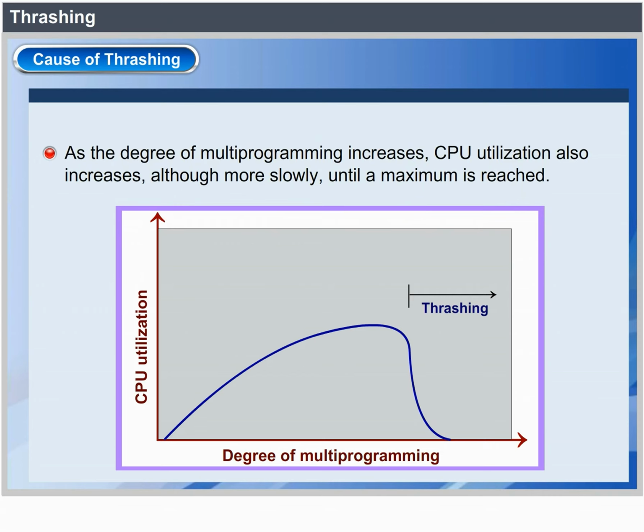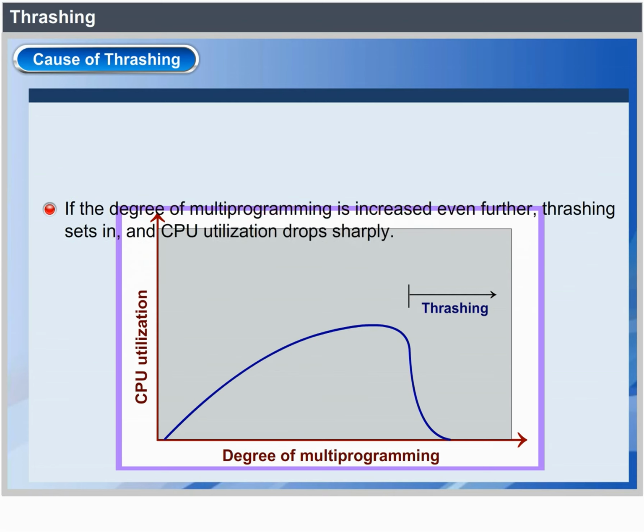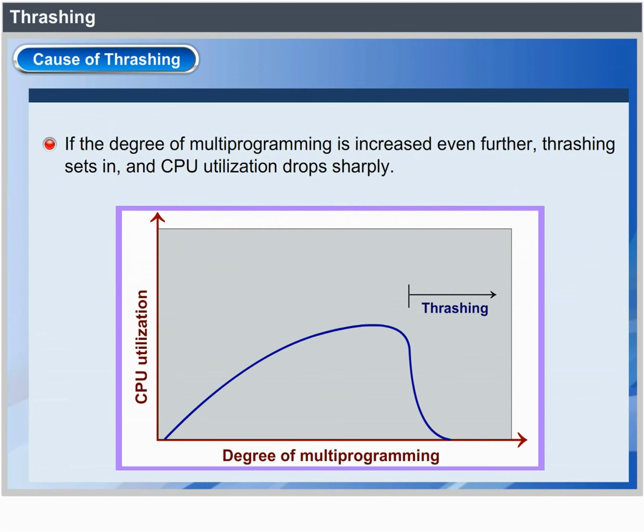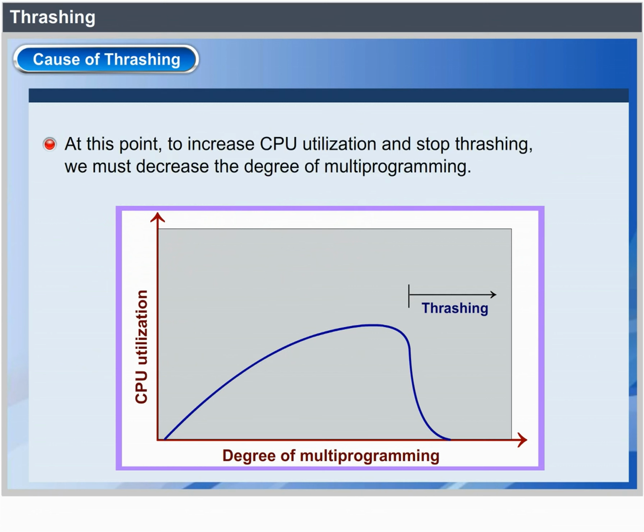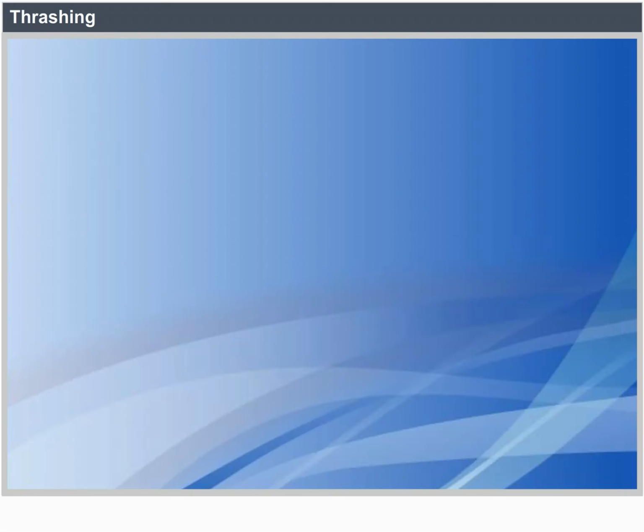If the degree of multiprogramming is increased even further, thrashing sets in and CPU utilization drops sharply. At this point, to increase CPU utilization and stop thrashing, we must decrease the degree of multiprogramming. We can limit the effects of thrashing by using a local replacement algorithm or priority replacement algorithm.